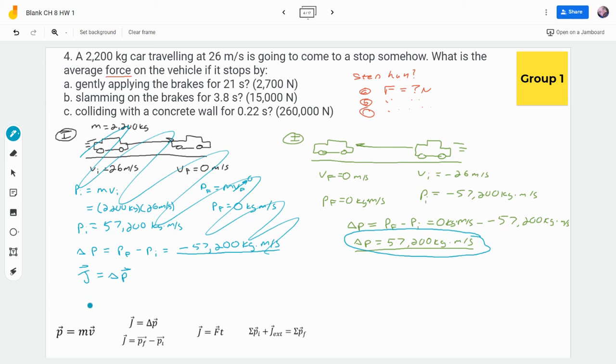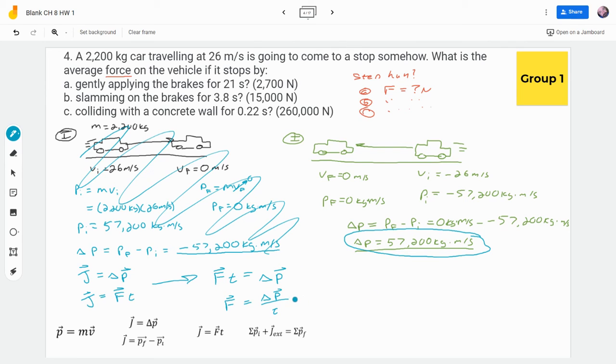We also know that J is equal to F times T. Therefore, taking those two ideas together, you're going to end up with F times T is equal to delta P, and therefore F is equal to delta P over T.